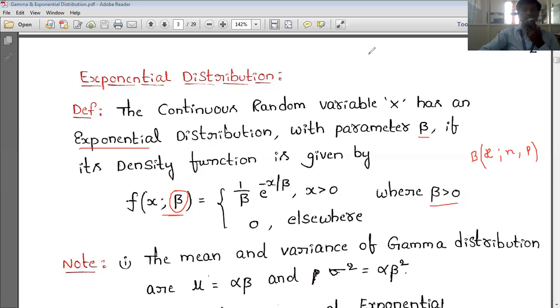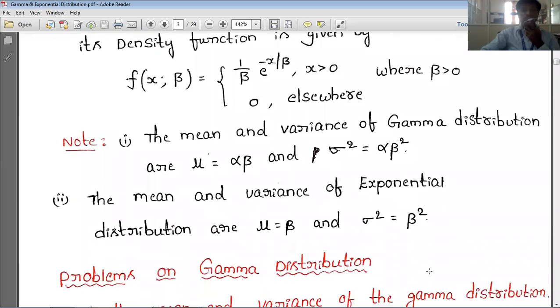Okay, next, the mean and variance of the gamma distribution: mu is equal to alpha beta and sigma square is equal to alpha beta square. So this is the mean and variance of the gamma distribution, and the standard deviation is nothing but sigma equal to square root of alpha into beta.